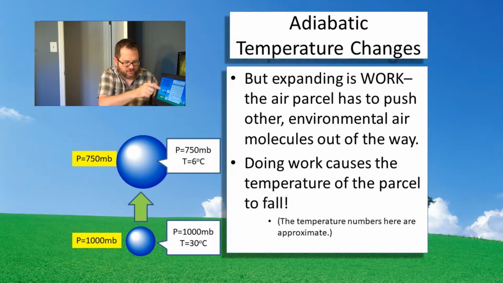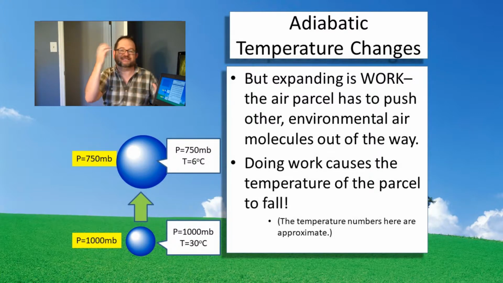So notice I changed my air parcel here. Instead of having a pressure of 1,000 millibars and a temperature of 30 degrees Celsius, I now have a pressure of 750 millibars and, let's just say, a temperature of 6 degrees Celsius. I'll be honest, I just sort of eyeballed that temperature. I didn't actually do the math and figure out what it would be. But an atmospheric science major certainly could. It's not a tremendously complicated calculation to do.